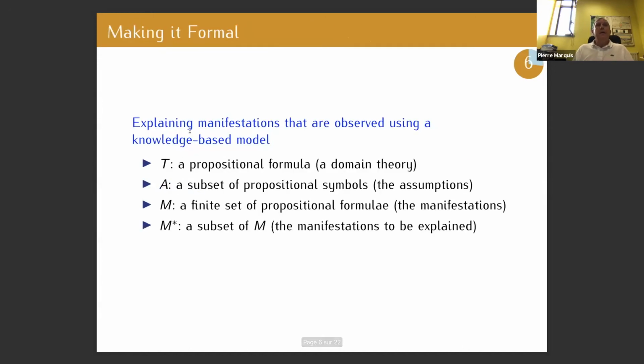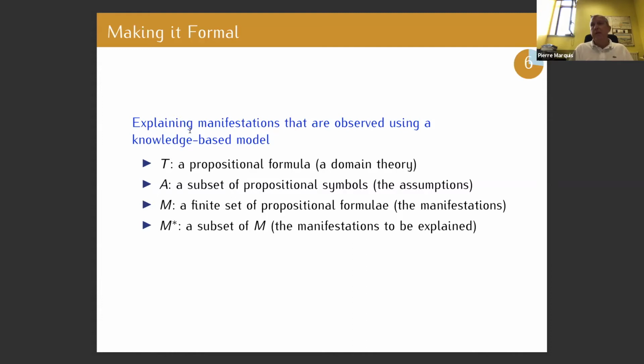Okay, let me now show how we can make it formal, just to cover the situation when, for instance, the physician is not a human being, but an AI system. We first have to make precise the explanation model at hand. And here, basically, it will be an abductive model. So we consider some domain theory.